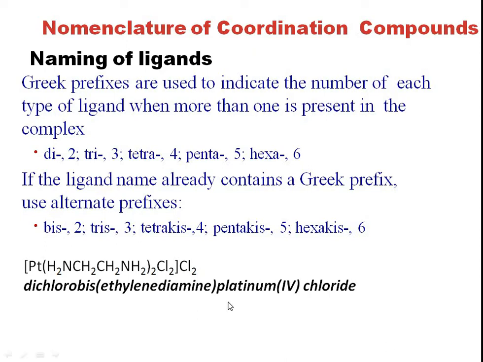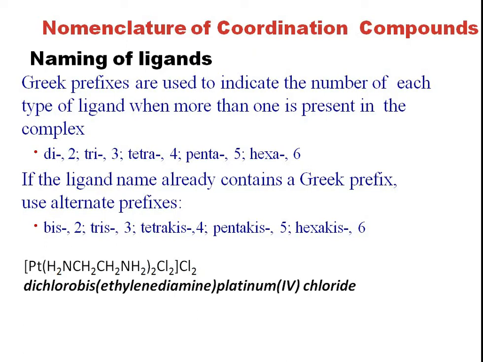In this complex, there are the ligands ethylene diamine and fluoro. As we have discussed in the rule, ligands are named alphabetically, like fluoro. When we write the name of ethylene diamine, there are 2 ethylene diamine ligands.